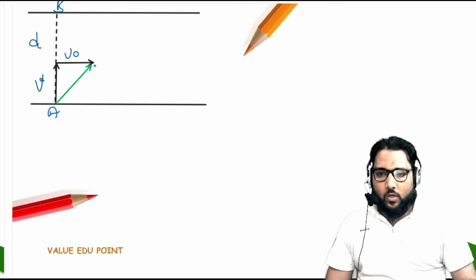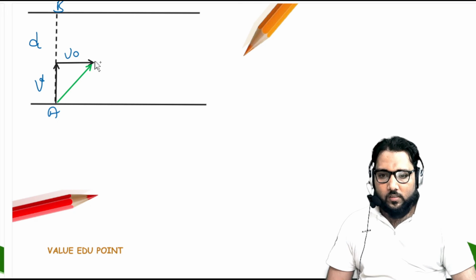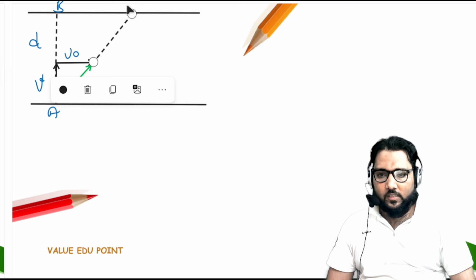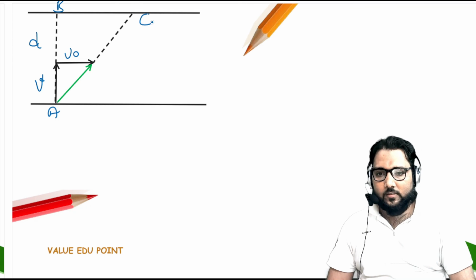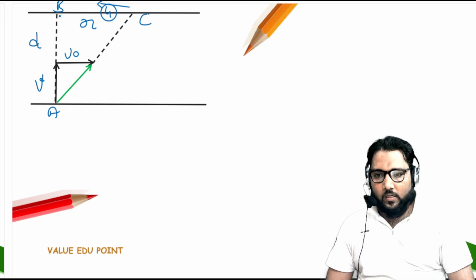Now he reaches this point, I'm saying this point is c. Now again he comes with some velocity, this is the drift x, and he walks with some velocity, we can say this is the velocity u, and reaches point B.